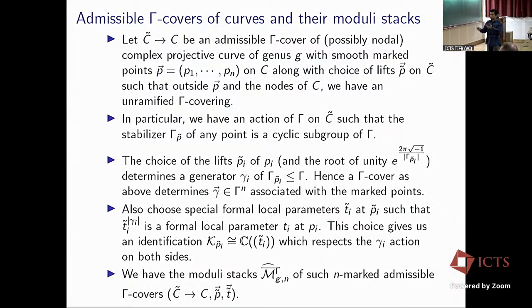There are two versions of this stack, but anyway, we do have such a stack. We are allowing nodal curves here, so the nodal curves will define some boundary divisor in this stack, and the open part will be the ones where these are smooth curves.